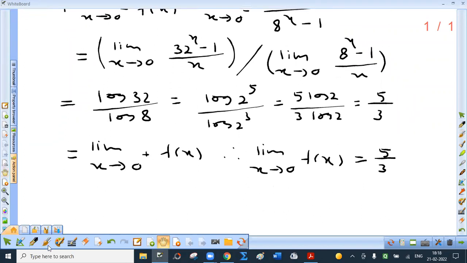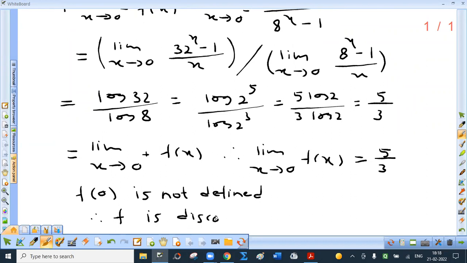No. Why? We have to mention the reason. F of 0 is not defined. See the given function, f of 0 is not defined. Therefore, f is discontinuous at x equal to 0.